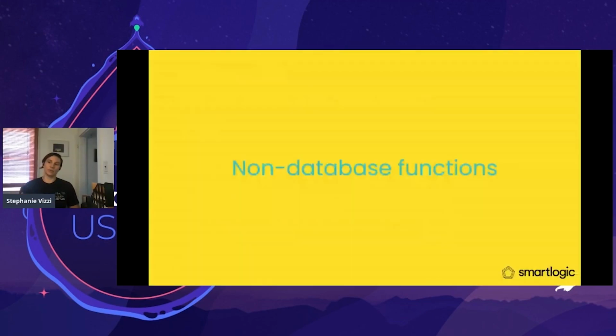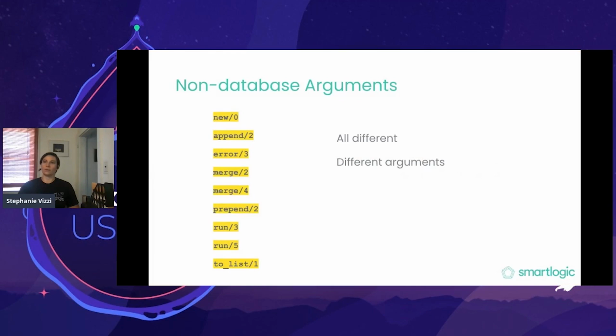As for the non-database functions, we'll get into these a little bit, just looking at some of the ones that I use the most, but here's the full list again. They do take a little bit of a different structure. Some of them are more helper-like in my mind. Some of them allow you to do some exterior things, but we can take a look at the arguments for ones that I use a lot.